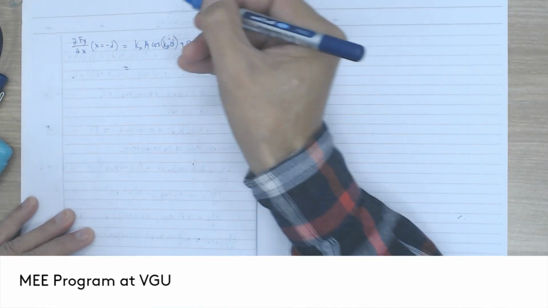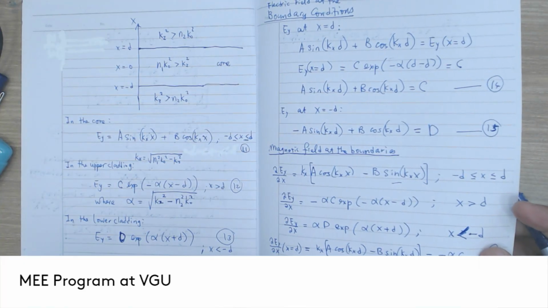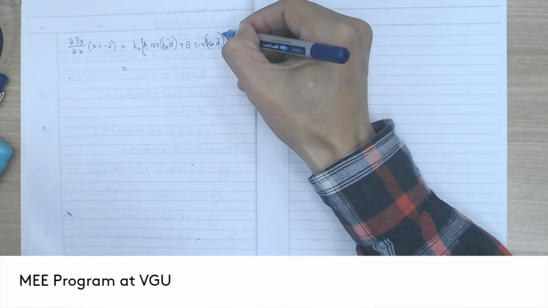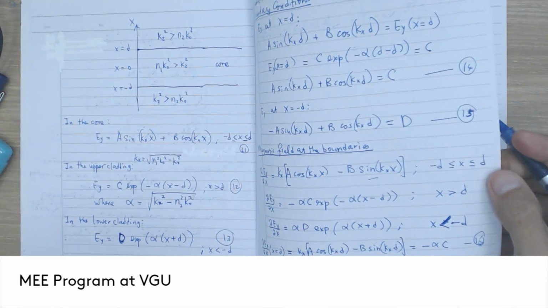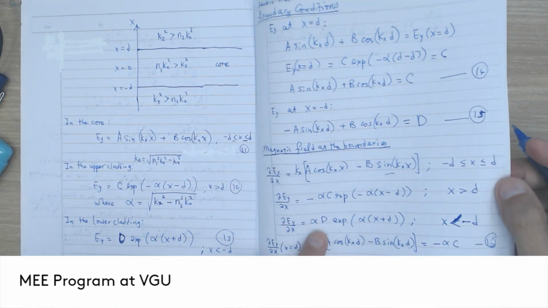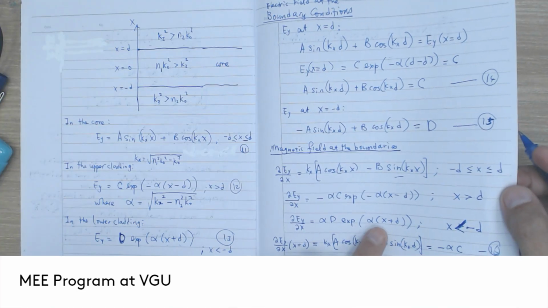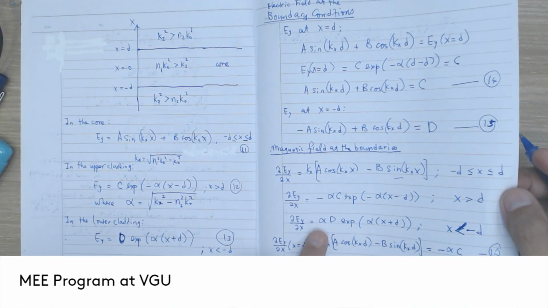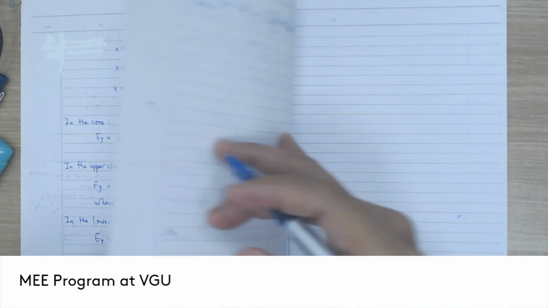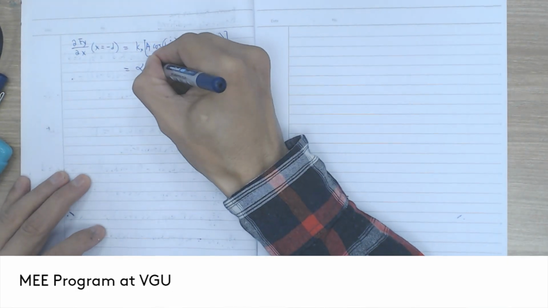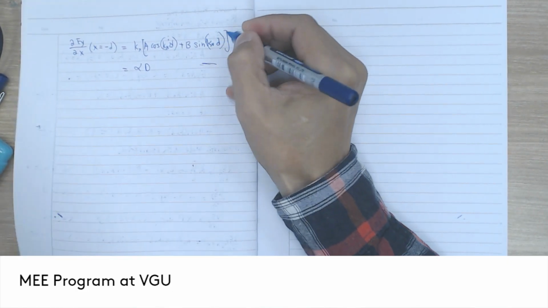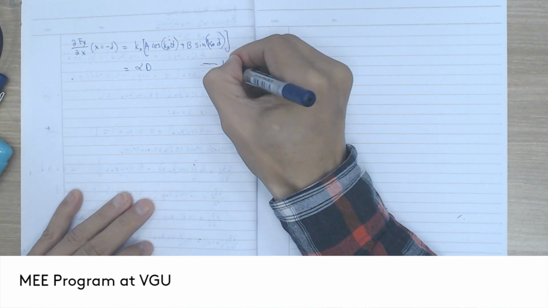And this one, if you put minus d here, then it will become r over d. So this is 17.